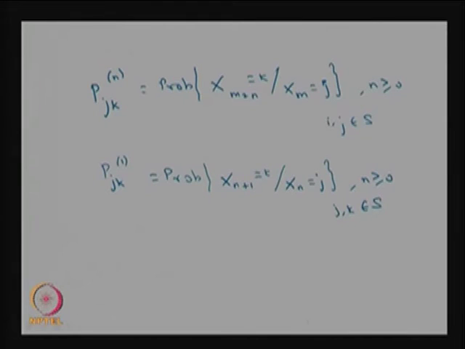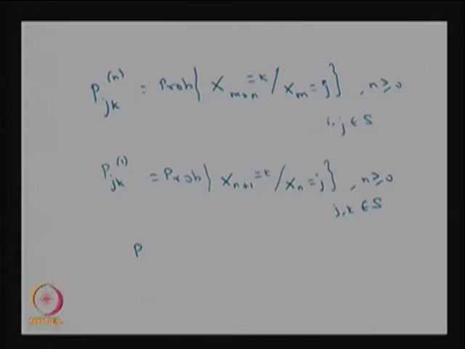Our interest is to find the distribution of X_n whenever the sequence of random variables X_n is a time homogeneous DTMC. It has the probability mass function p_j(n), that is the probability that the system will be in state j at the nth step, where j belongs to S and n can be 1, 2 and so on, because we know the distribution at n equal to 0.